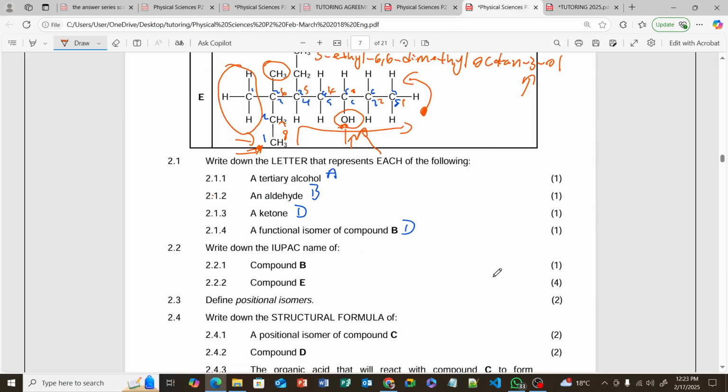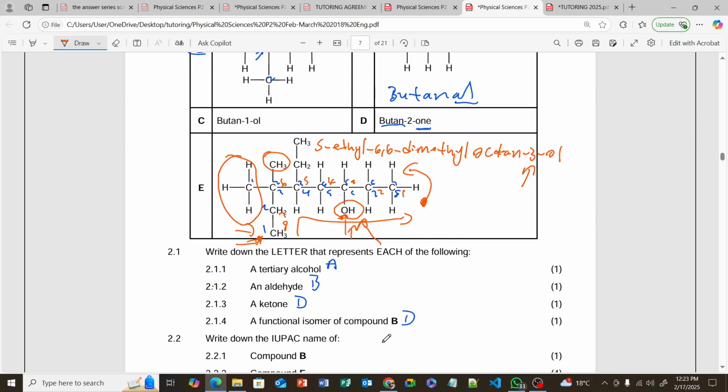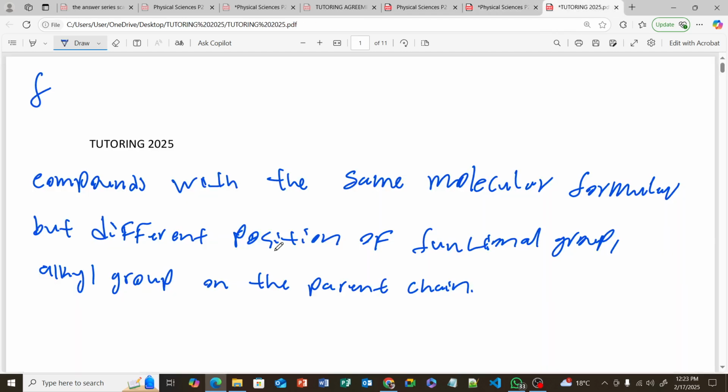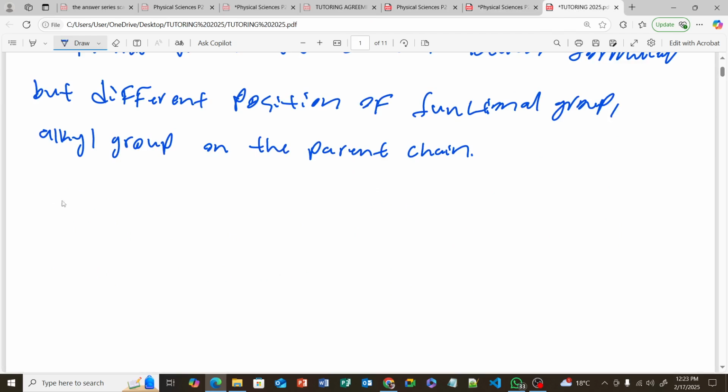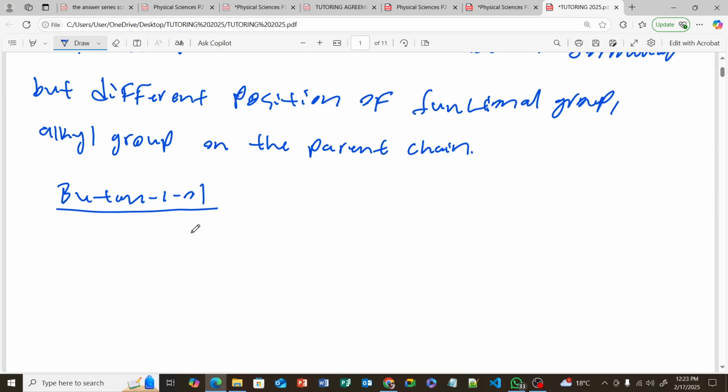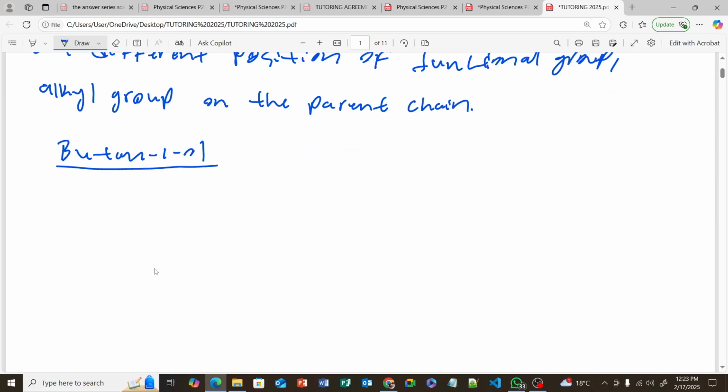Now write down the structural formula of a positional isomer of compound C. Compound C is butanol. So now we want a positional isomer of that.